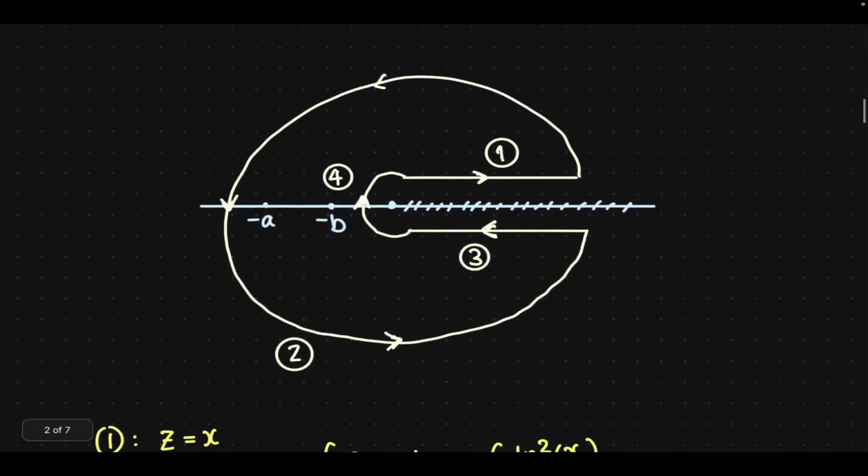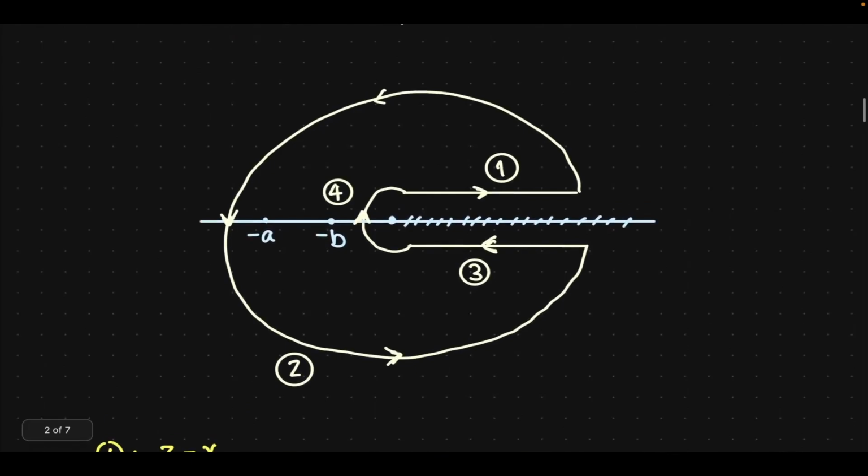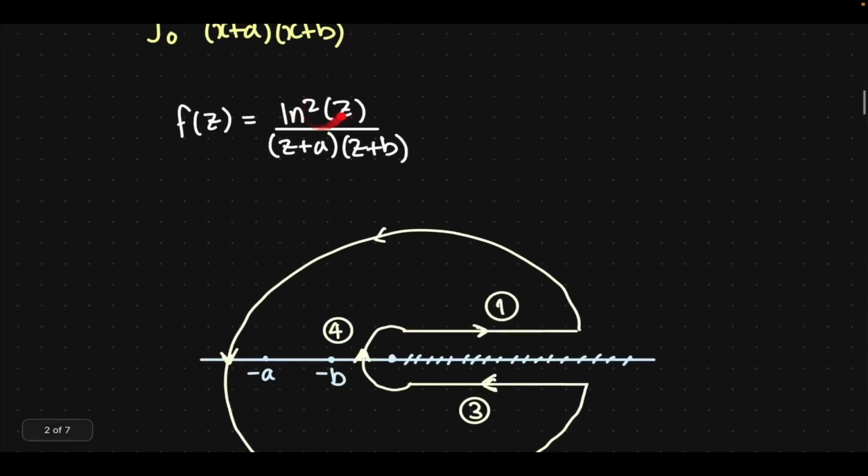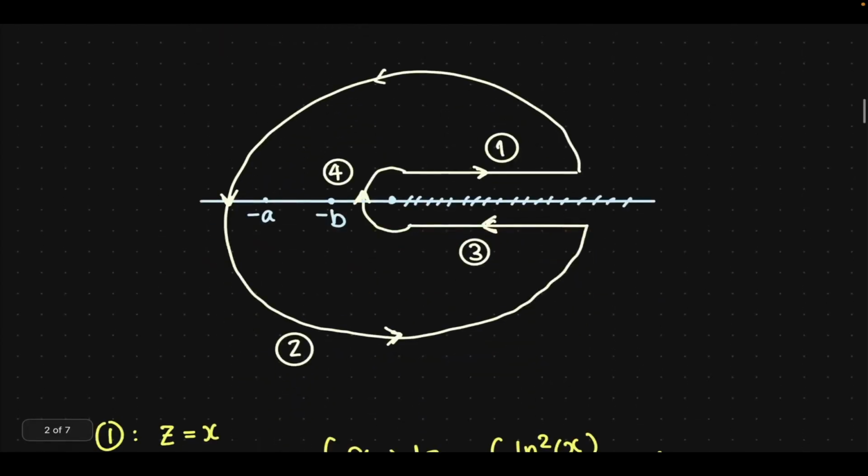So this is the contour. We have region 1, which is going from basically this top part, which is very close to 0, and then going on to infinity. Then we loop back, which is region 2, and end up on the other side of the branch cut. The branch cut is because of the natural log function at 0.